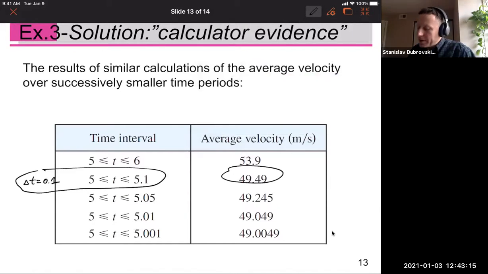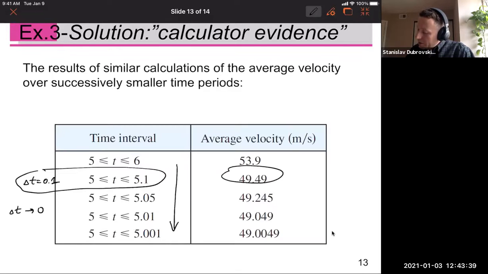But of course we can do better, and we are looking at smaller and smaller increments, and what happens as the time increment approaches 0. So we can say that we want to tend delta T to 0.